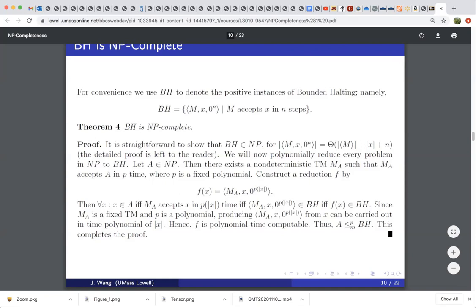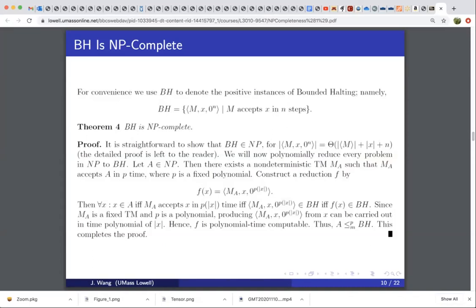Then by definition, there exists an NTM, let's call it MA, such that MA accepts A in polynomial time, with a polynomial P. P here is a fixed polynomial with respect to MA. So the reduction we are going to construct is this: MA, comma, X, comma, 0 to the P of length of X. Okay, so that is a reduction.